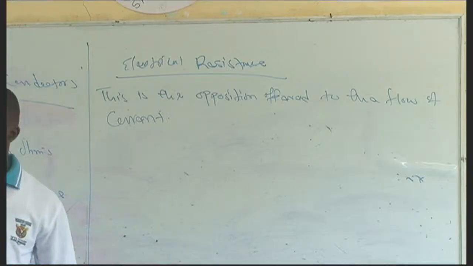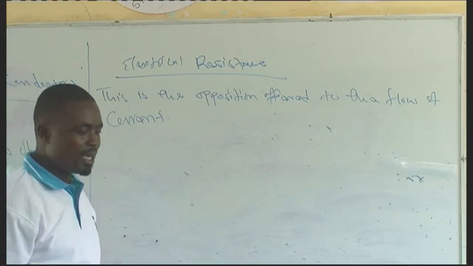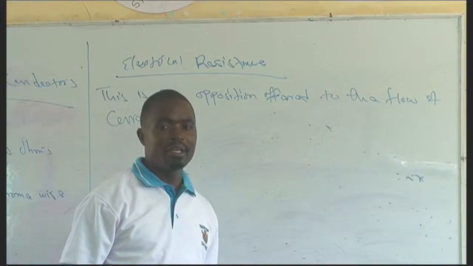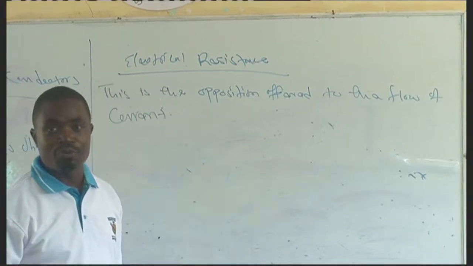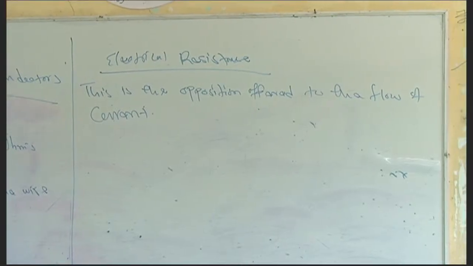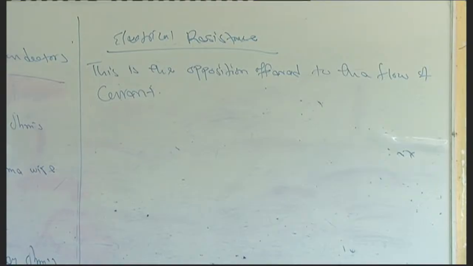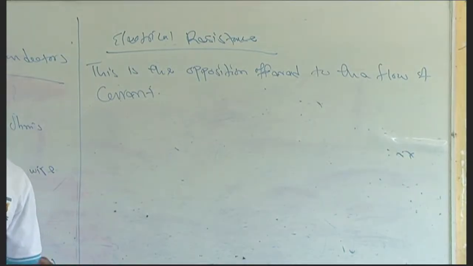It always occurs when a charge flowing through a conductor has its movement impeded or restricted. This can be caused by collisions between the atoms of the material and electrons.